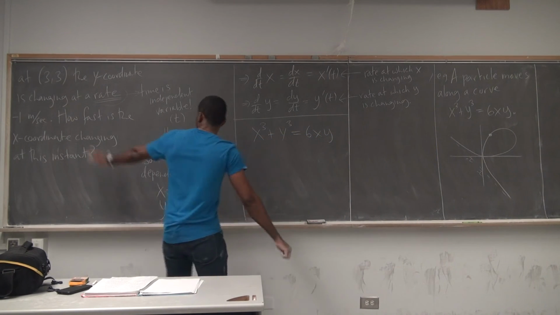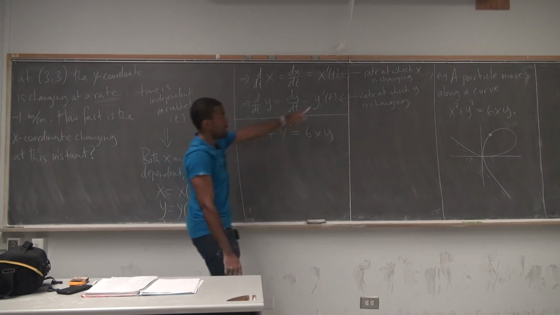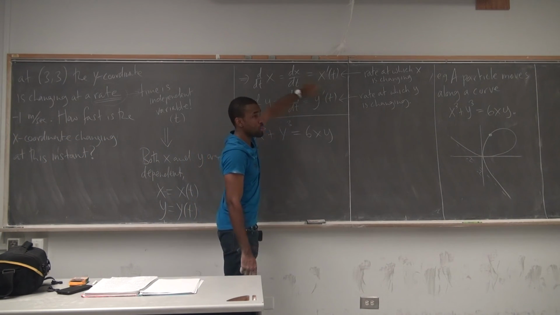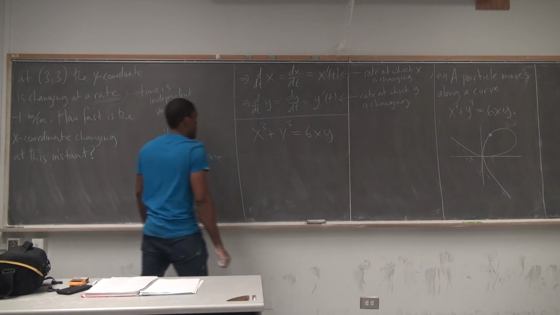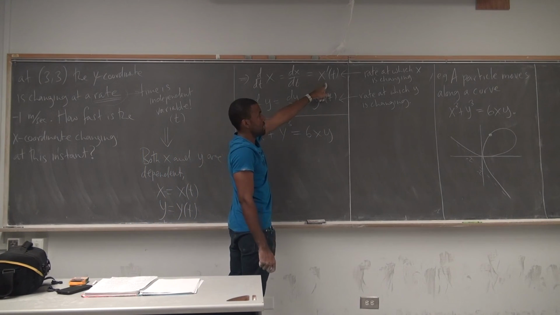In other words, what this problem told us, they gave us the equation, and they told me how fast the y coordinate is changing. What they just gave me is this guy. They told me what y prime is at that point. Okay. So now I just want to figure out what x prime is at that point. They asked me how fast x is changing.